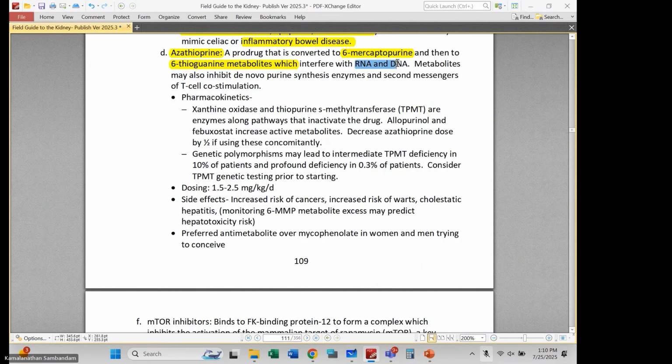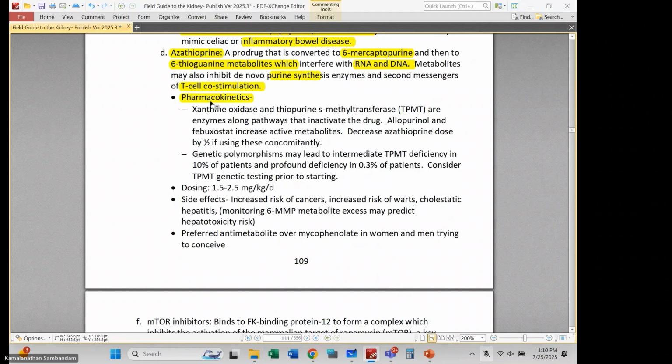Those interfere with RNA and DNA synthesis, okay? And there are also people have shown, particularly in the rheumatology literature, that there are other effects of azathioprine beyond simply inhibition of RNA and DNA synthesis through its anti-metabolite effects. This is also a purine antagonist, essentially, okay?